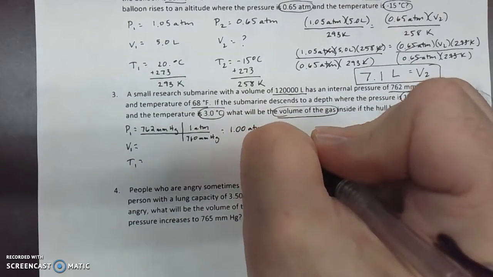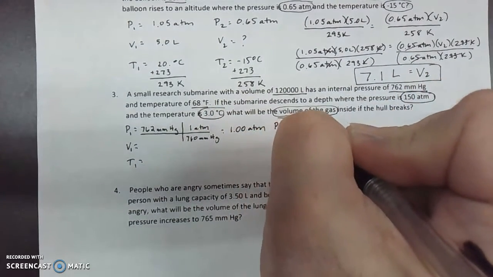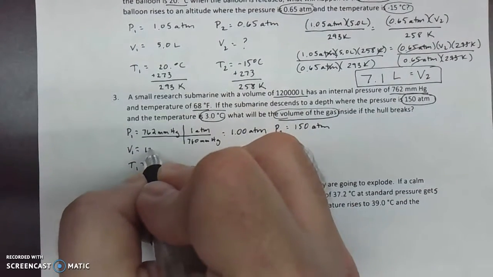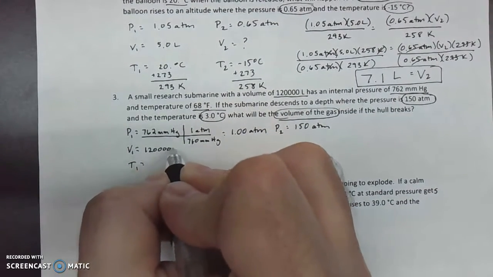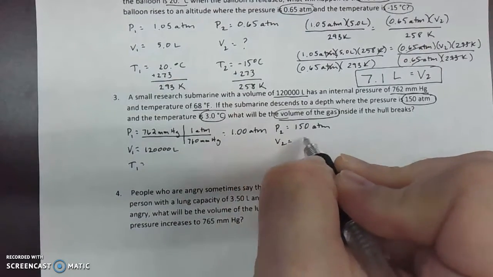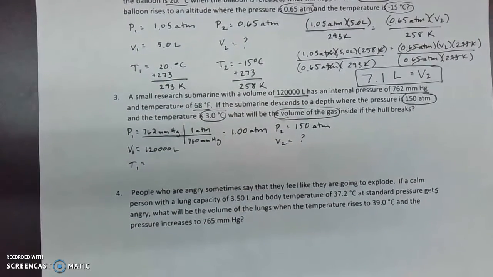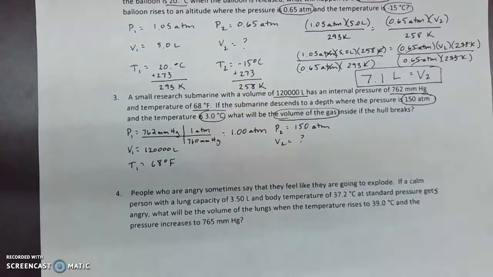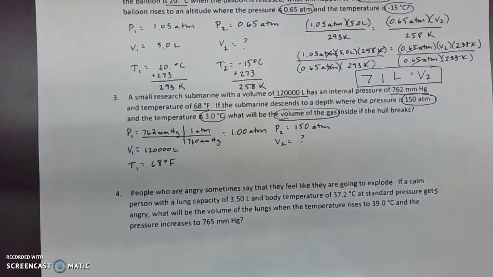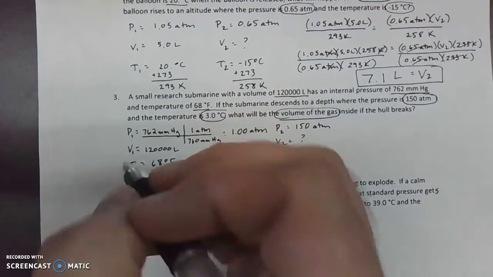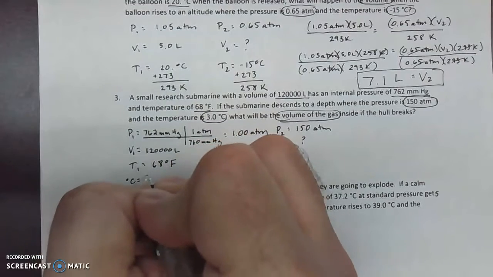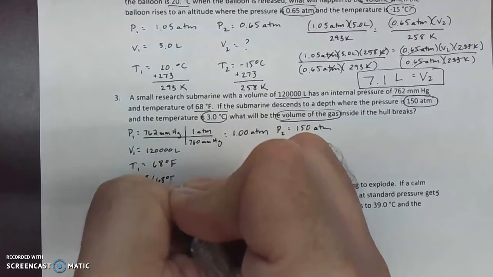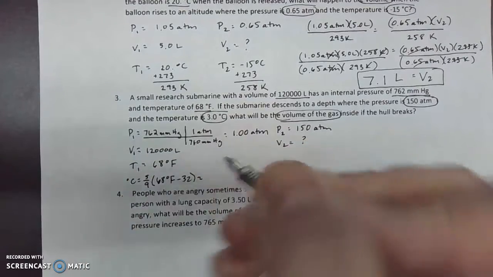Pressure 2 is 150 atmospheres. The volume is 120,000 liters, and V2 we're looking for. Temperature 1 is 68 degrees Fahrenheit, so we have to change that to degrees Celsius. So degrees Celsius is equal to 5/9 times the degrees Fahrenheit minus 32.